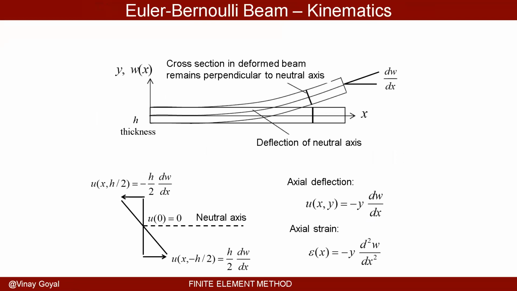We further discussed how the cross section stays perpendicular to the neutral axis, and that the slope dw/dx provides quite a bit of information about how that neutral axis deforms. We also discussed that the typical assumption is about the axial deflection.